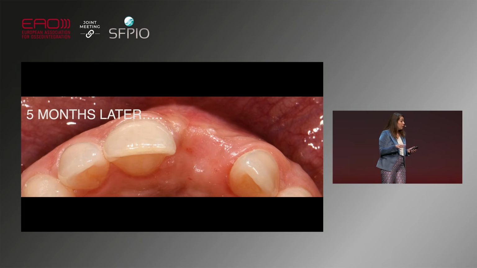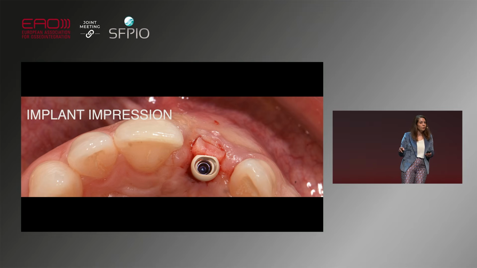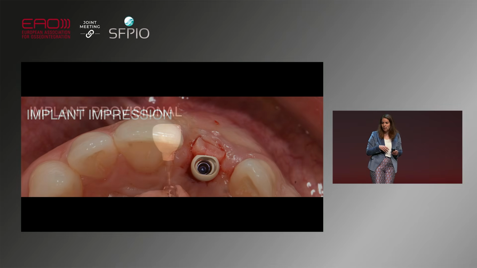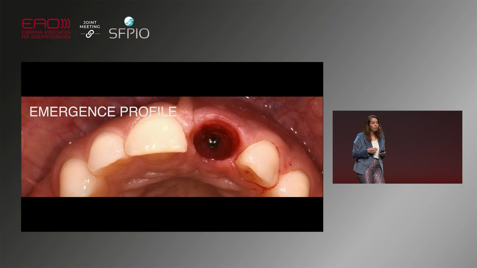Also, in my case, 5 months later, you see a bit of volume loss. I continued with the abutment connection, and I knew that with a little roll flap, I could enhance the volume a bit again. Then the implant provisional phase started, and after 2 or 3 sessions, creating an ideal emergence profile, I was ready to do the implant impression.